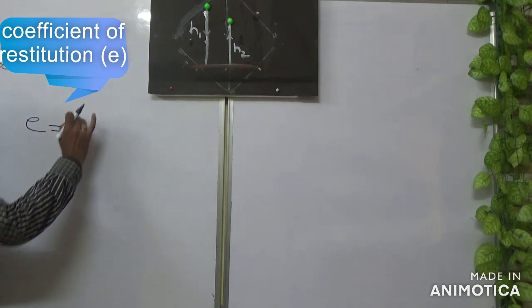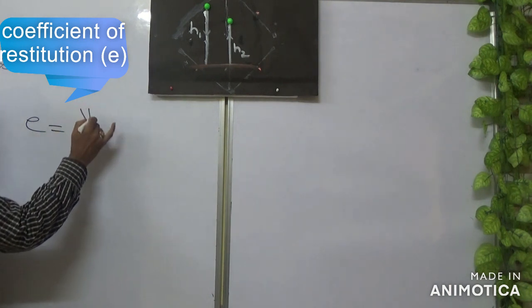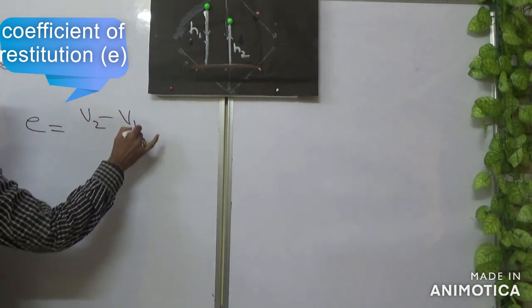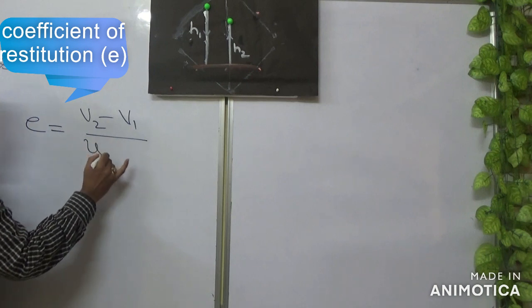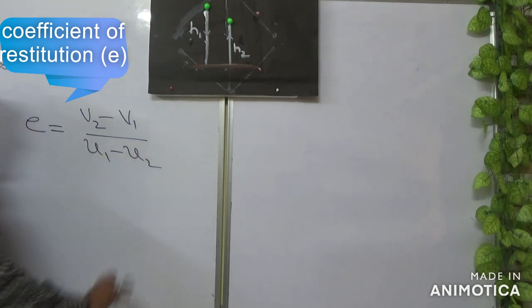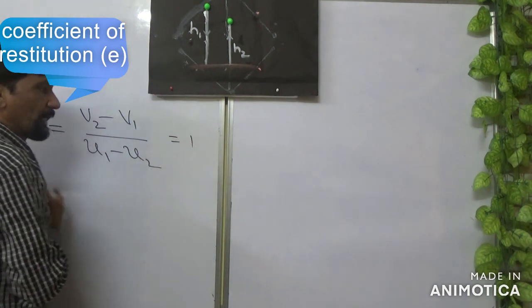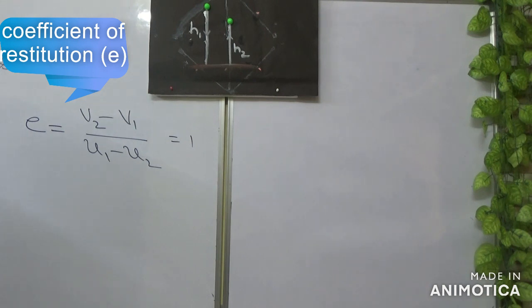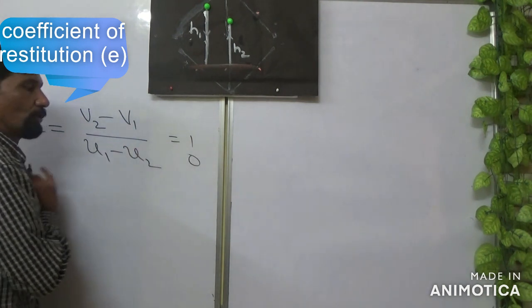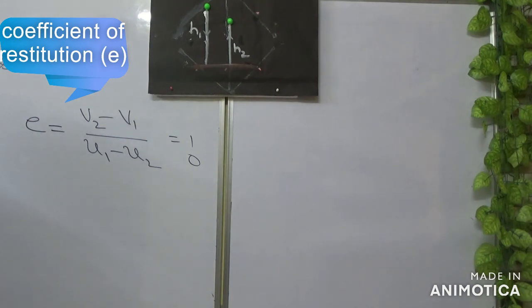It is the ratio of the relative velocity of separation to the relative velocity of approach. Whenever this value equals 1, we say the collision is perfectly elastic. Whenever it is 0, the collision is perfectly inelastic. In between, we can say semi-elastic.